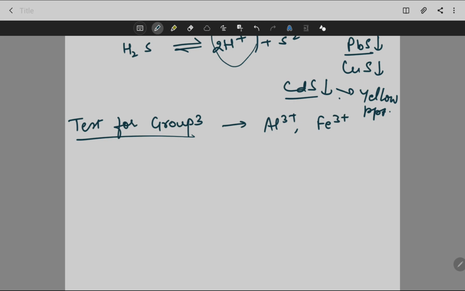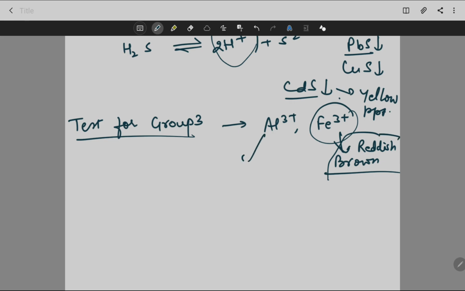Now Fe3+ is a colored salt. What is the color of the ferric salt? It is reddish brown. Because it is a colored salt, we generally avoid giving it. So we will basically focus here on aluminium, which is a white salt.